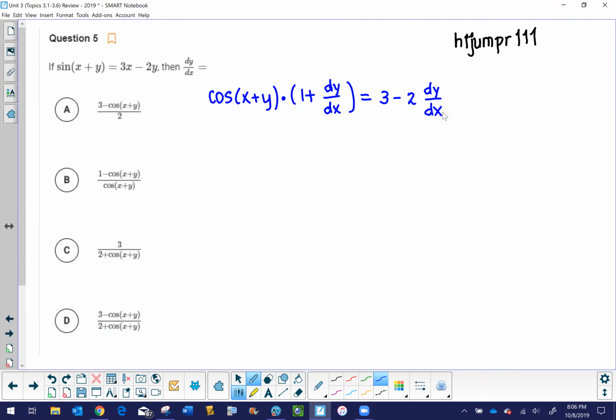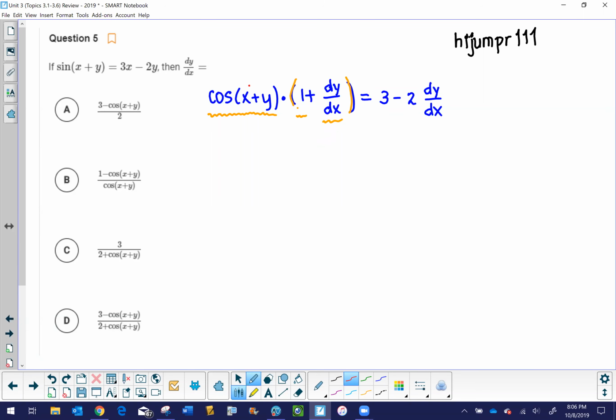Okay? Now, the problem with this question is that it's a little bit unkind in that these parentheses have to be busted apart before we really can have any hope of getting the dy dx's together. And sometimes it's just a matter of making sure that students are comfortable counting how many terms. So I want you to all know that this cosine of x plus y counts as one term, but inside the parentheses you have a pair of terms.